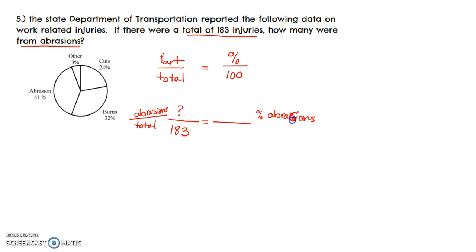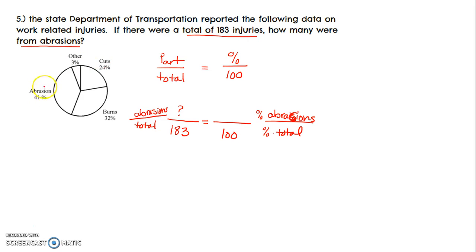I didn't really spell that too great. Ooh, hopefully I fixed it okay. The percent that we know were abrasions out of the total percent. So we're doing abrasions out of a total of 183 injuries. What percent were abrasions out of our total percent of 100?